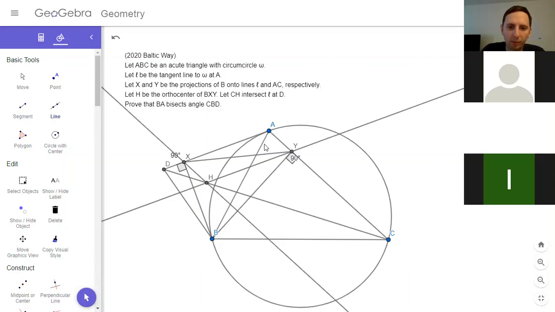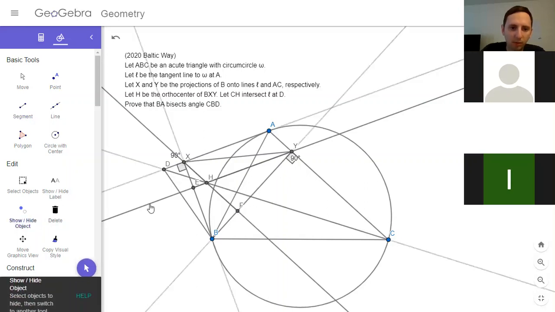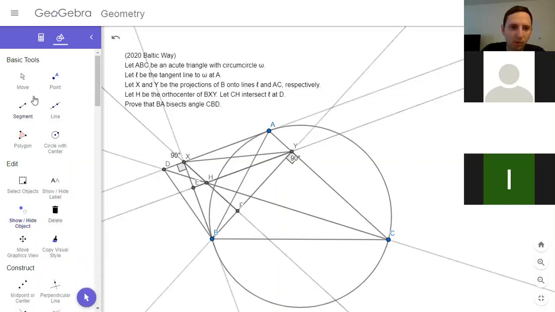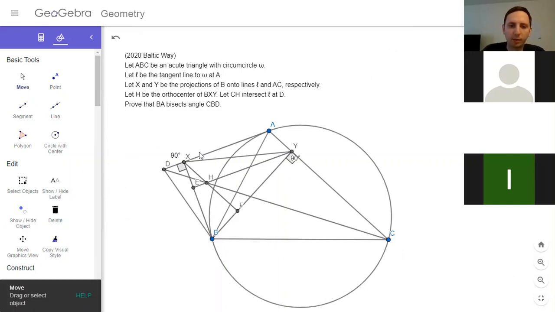Yeah, because those two lines are parallel to AC and AD. So that would be good to draw in those two. All right. So YE is parallel to AD. XF is parallel to AC. We have a parallelogram here.